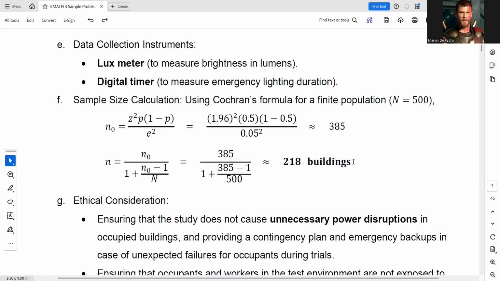Okay, but if we are considering an infinite population, then we can end up with this one only.